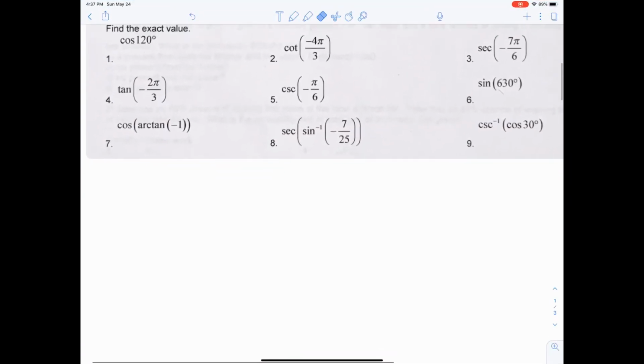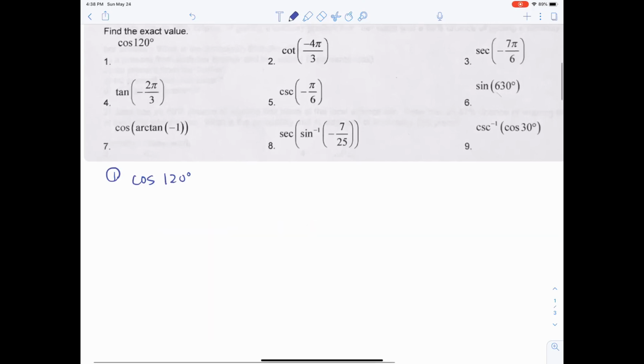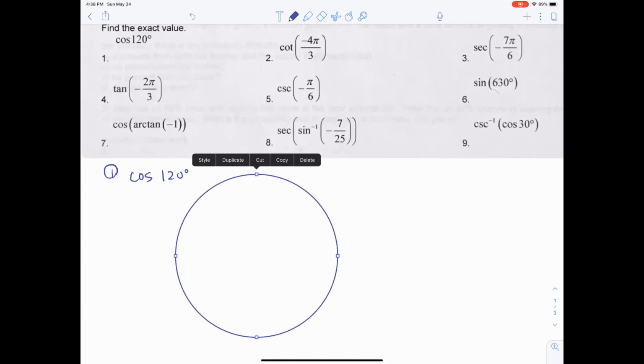Before we do that, we draw question number 1, in blue color, cosine 120 degrees. Let's make it large.